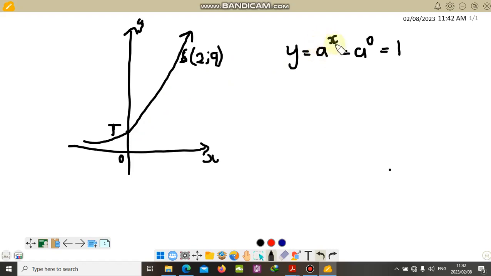In this case we can see there's none, so that is why it is 1. But this is a better way: a to the power 0 is 1, so we know the y value. Now write the coordinates of T: (0, 1).